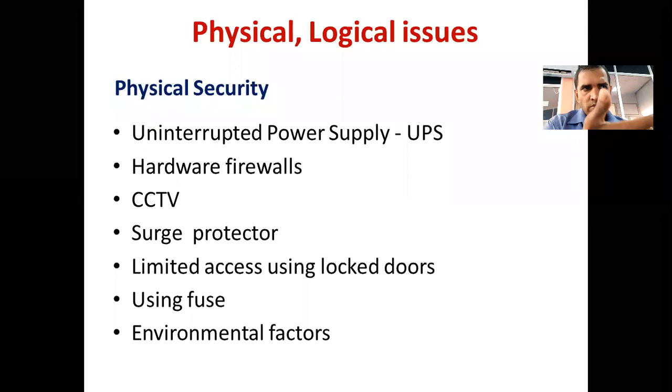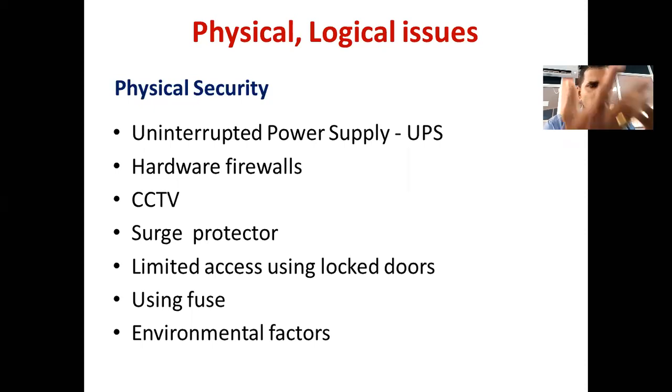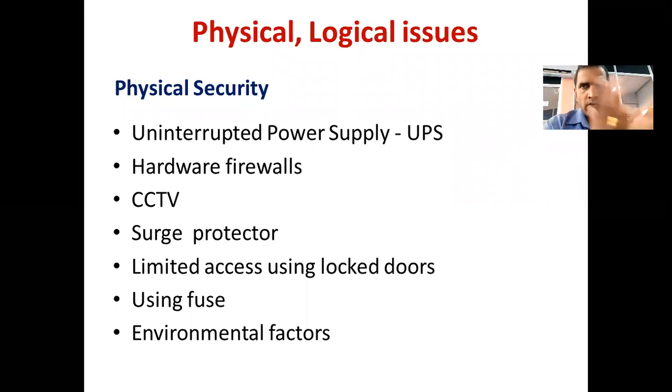So assume computers are stolen by some people. If you have CCTV, you can easily identify those people, and you can bring those computers back. Even if unwanted incidents happen, all can be recorded in CCTV. So CCTV is a physical thing, a hardware related thing. So it's a physical security method.